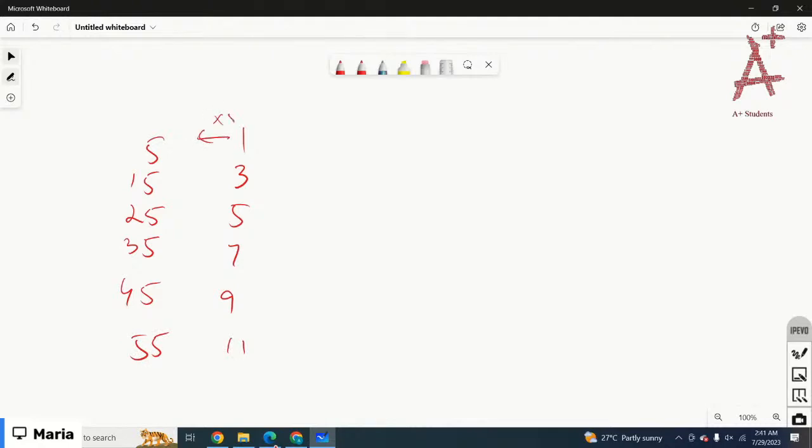You can see 1 times 5 is 5, 3 times 5 is 15, 5 times 5 is 25, 7 times 5 is 35. Got it? But this is x and this is the output. That means you have to divide x by 5 for each value. So it would be x divided by 5. Got it?